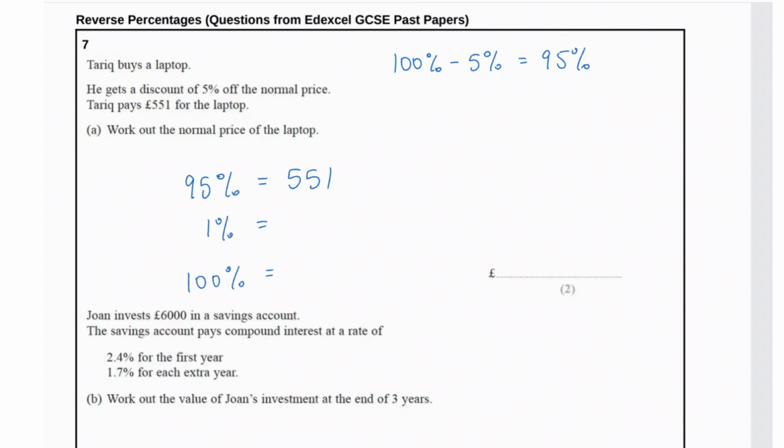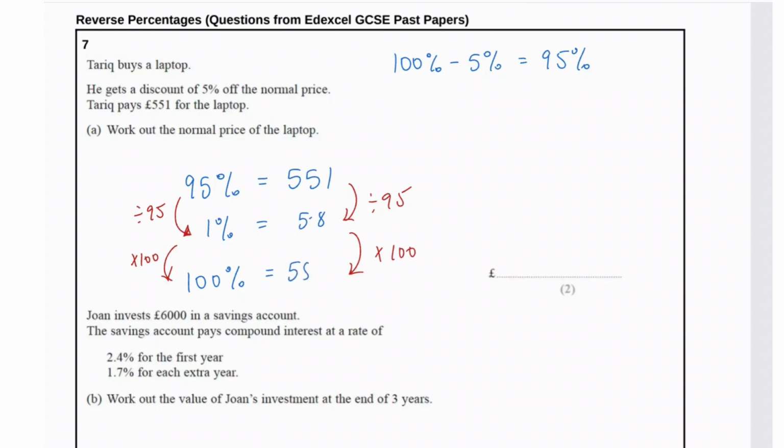So you always divide by whatever percentage you've got to get to 1%. So we divide 551 by 95, which is 5.8. And then to get to 100%, we now times by 100. And 5.8 times 100 is £580.